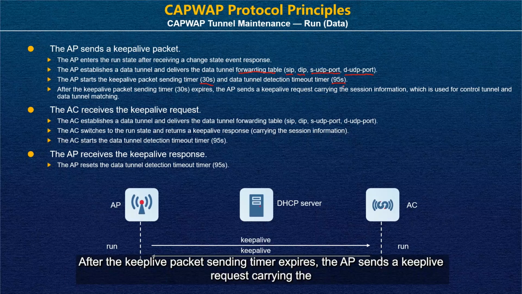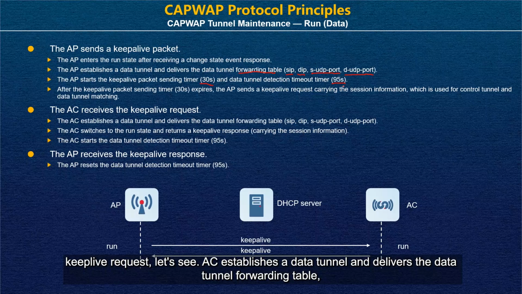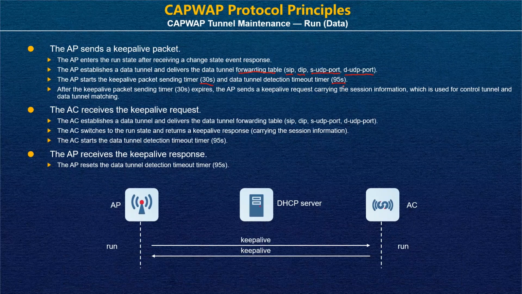After the keep alive packet sending timer expires, the AP sends the keep alive request carrying the session information, which is used for control terminal and data terminal matching. After receiving the keep alive request, let's see, AC establishes a data terminal and delivers the data terminal forwarding table.